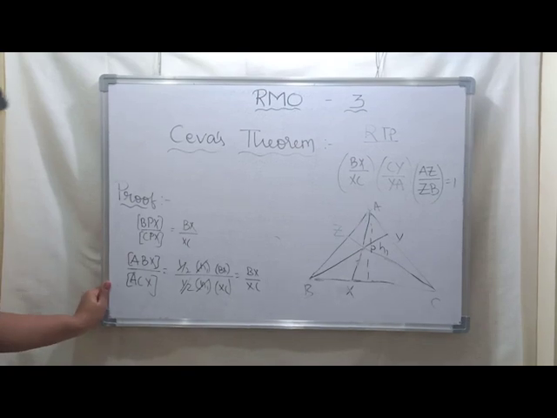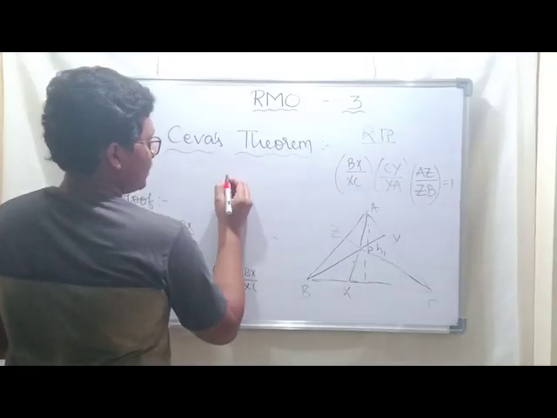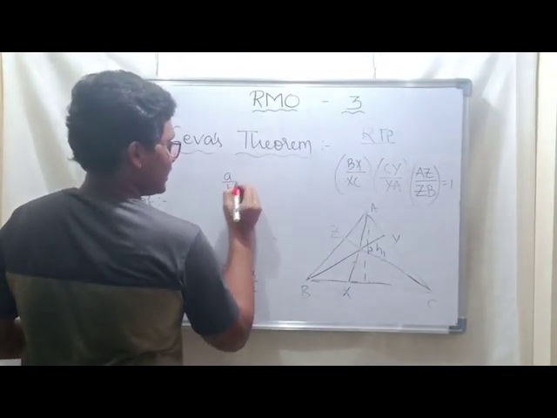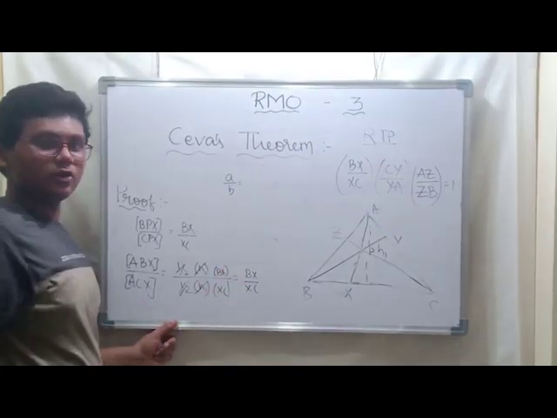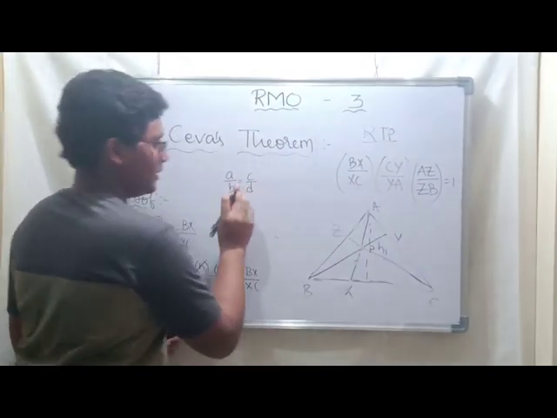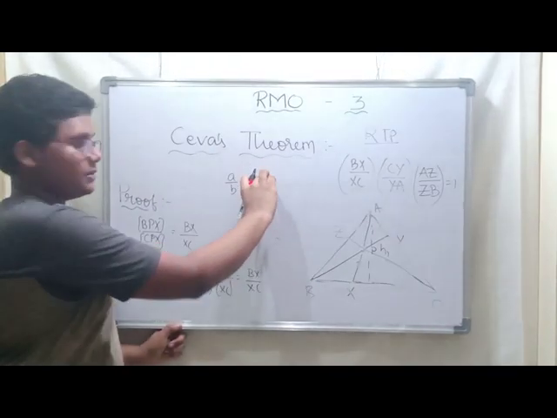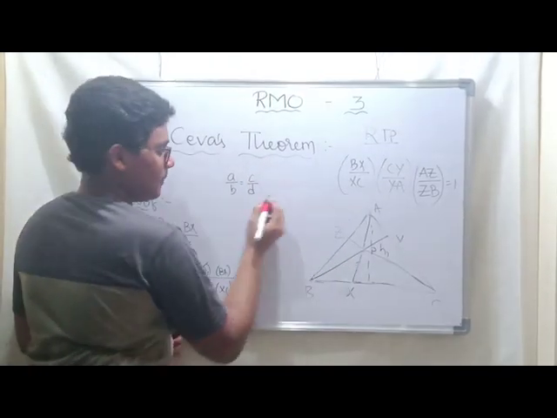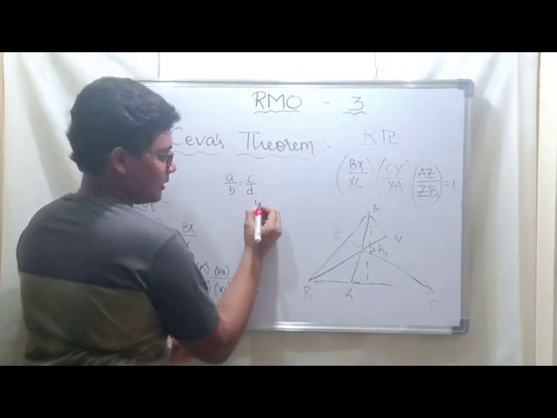We have one rule, like the componendo and dividendo rule. Here A by B is equal to C by D. If A by B is equal to C by D, then I will explain with numbers.